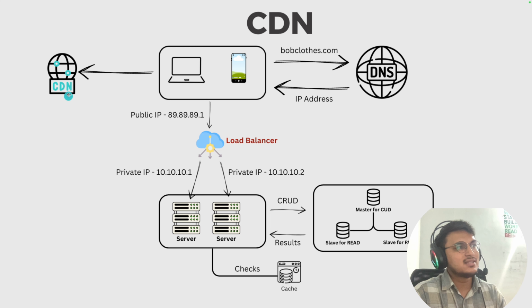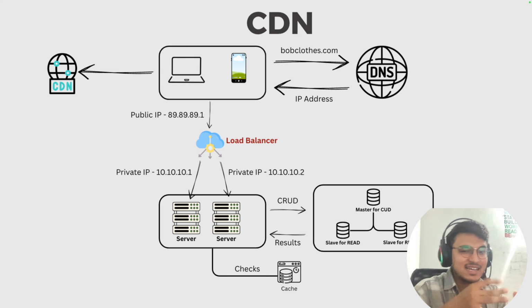And now in CDN also, let's suppose you and your friend. Now your friend is requesting the same jeans image. At this time it's instantly served from the CDN cache without hitting the original server.